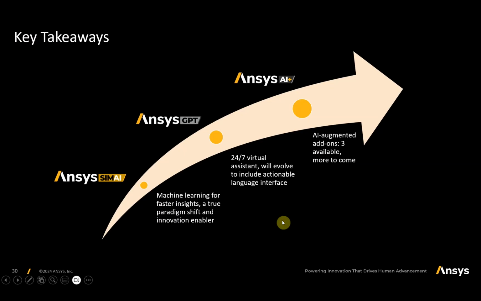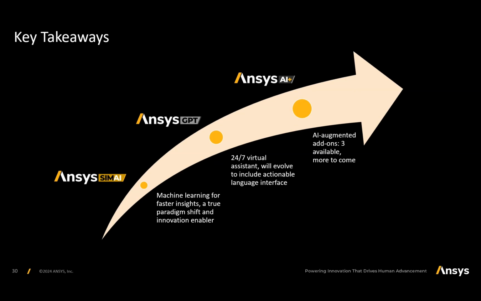So overall, we have today 3 components to our artificial intelligence portfolio. This is ANSYS SimAI, where we're able to leverage AI to get very fast simulation results: full 3D field results with nearly the same accuracy as full fidelity simulation.